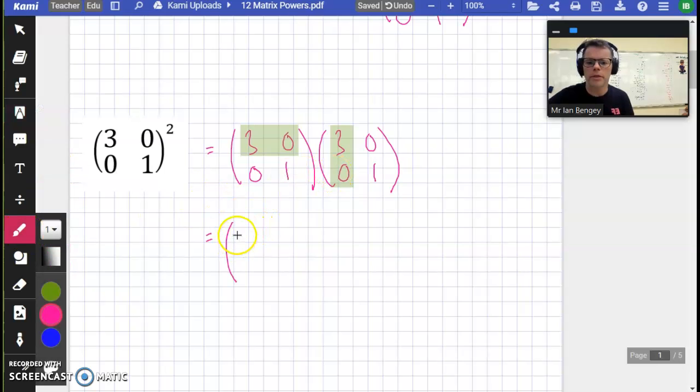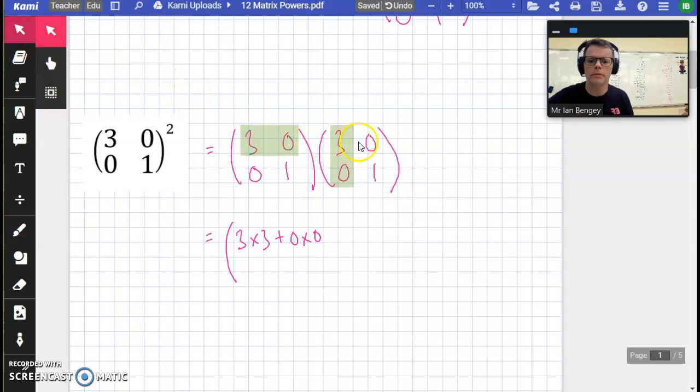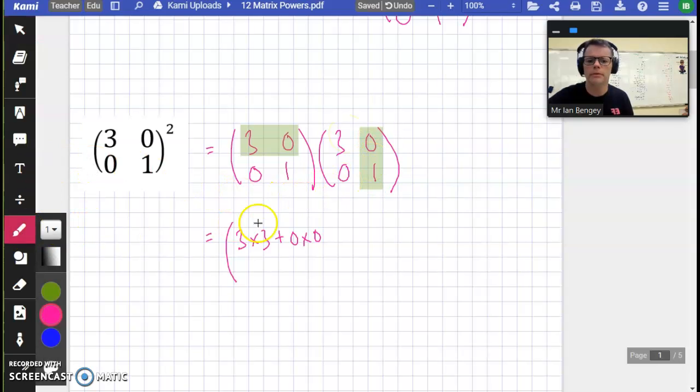Here we go. So 3 times 3 plus 0 times 0 in the top left position. Top right would be this row times this column. So that would be 3 times 0 plus 0 times 1.